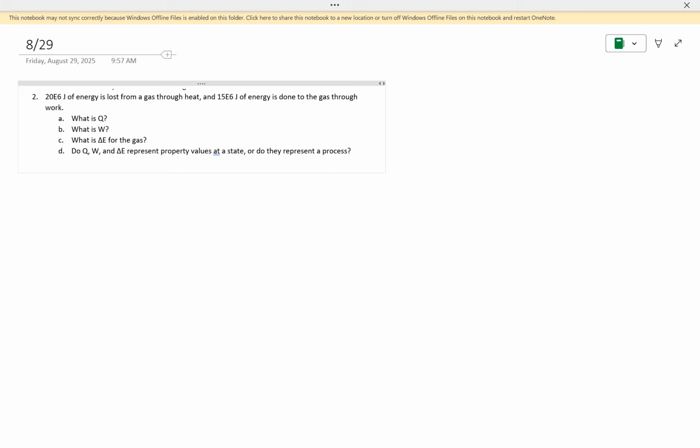It says 20 times 10 to the sixth joules of energy is lost from a gas through heat. The system is the gas. That's what we're focusing on. Think of that as the thermodynamics version of your free body diagram. That's the thing you're analyzing.